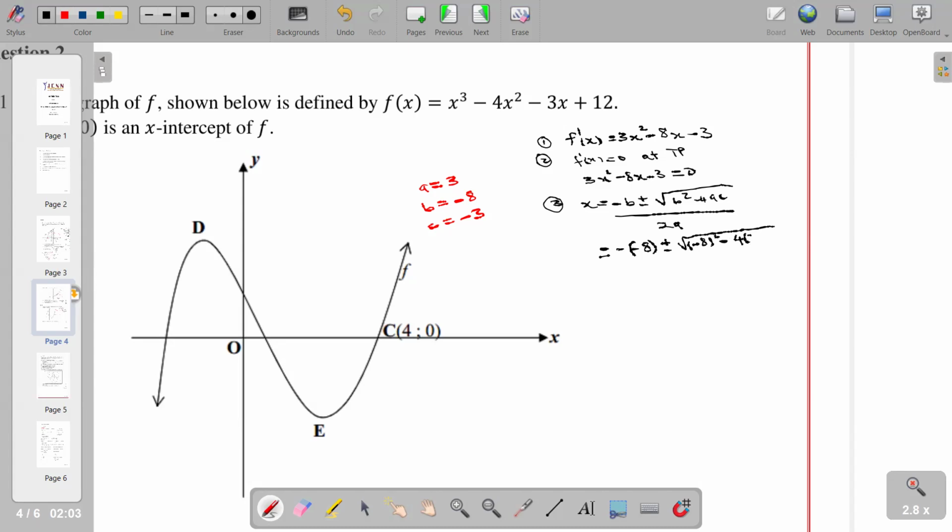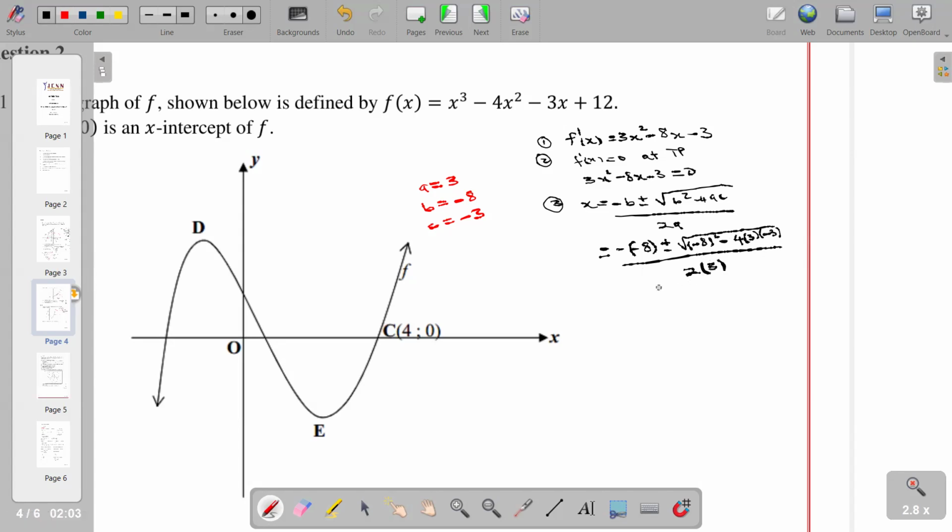Our a is 3. Our c is negative 3, all over 2. The a there is 3.